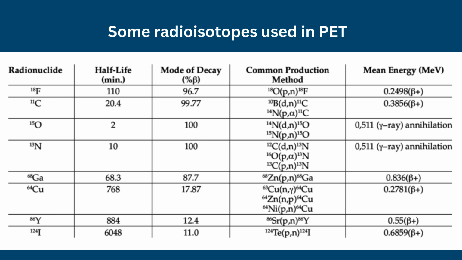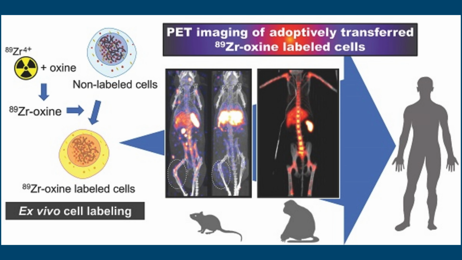Gallium-68, with a half-life of about 67.7 minutes, is obtained from germanium-68/gallium-68 generator systems, offering a practical alternative to cyclotron-based production. In contrast, zirconium-89 possesses a relatively long half-life of approximately 3.3 days, making it suitable for imaging slow biological processes, such as the biodistribution of monoclonal antibodies in immuno-PET applications.